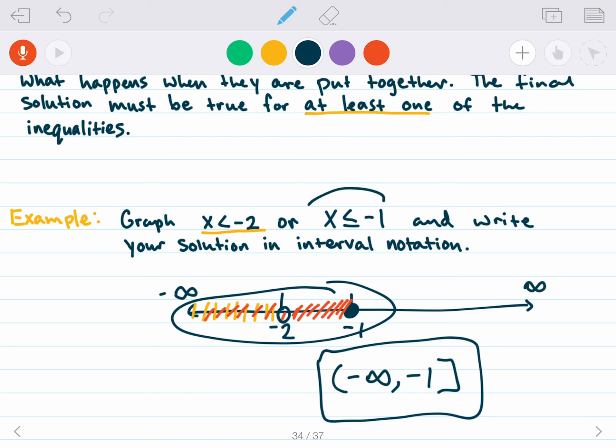This is, quote unquote, the bigger set, so that is going to be our solution set there. Anything that's shaded, no matter if it's yellow or red, gets included. So we're joining these two sets together to give us the solution set from negative infinity to negative 1.